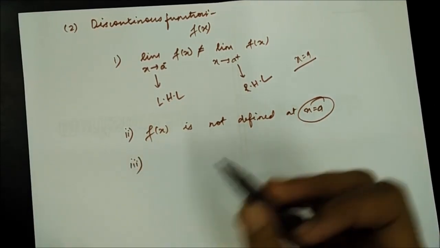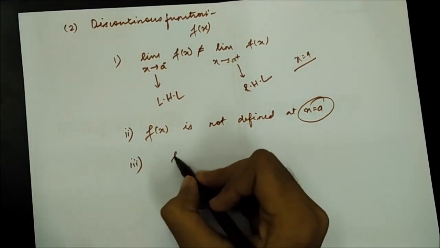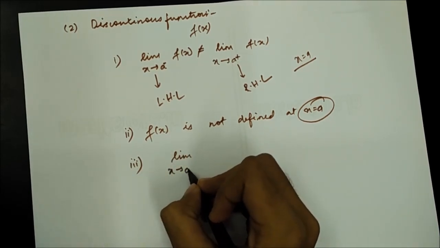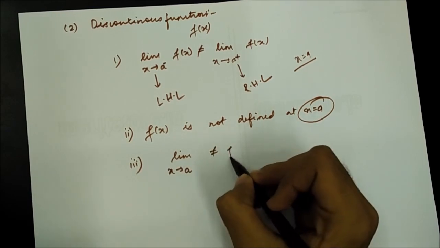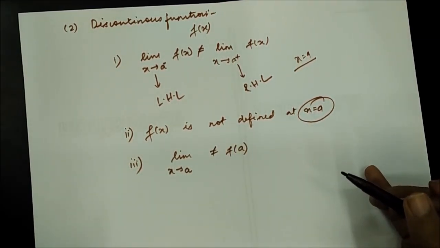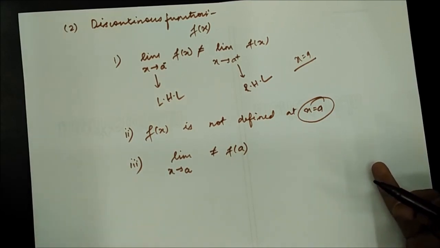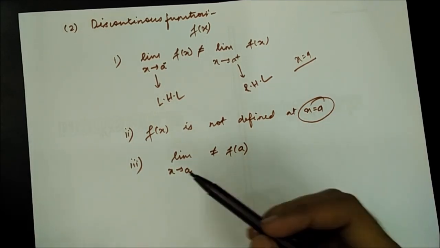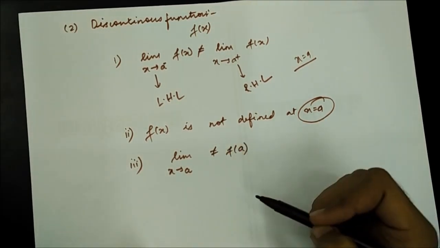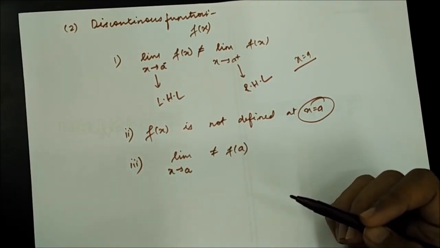The third point for a function to be discontinuous is that limit of x tends to a f of x is not equal to f of a. So this is the third and the last condition for a function to be discontinuous. If limit of x tends to a is not equal to f of a, then we say that the particular function is discontinuous.